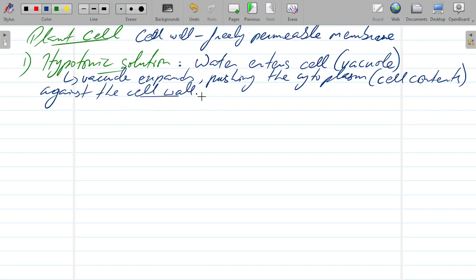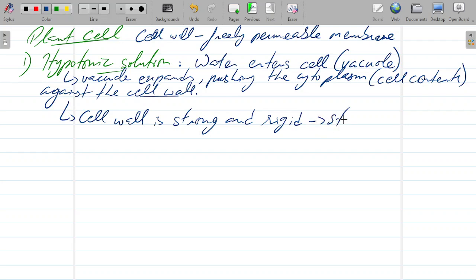Now it pushes against the cell wall. The cell wall is strong and rigid, right? It stops the expansion, so it does not allow the cell to continue filling up with water until it bursts.